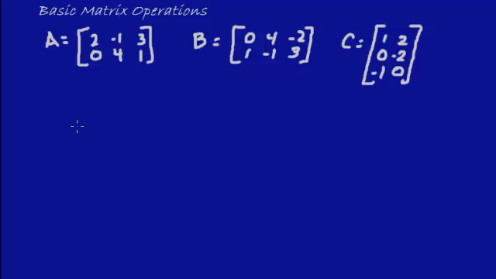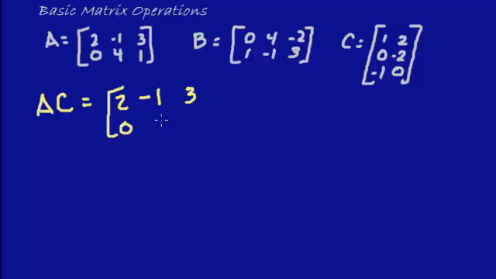Multiply two matrices. I'm going to do A times C. And multiplying two matrices can be quite messy. It's not quite as easy as the adding and subtracting.